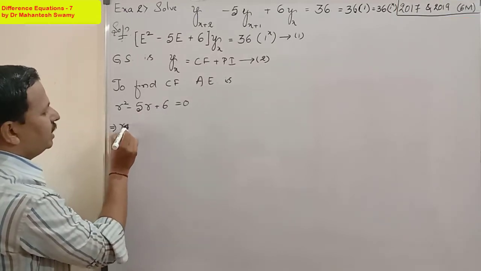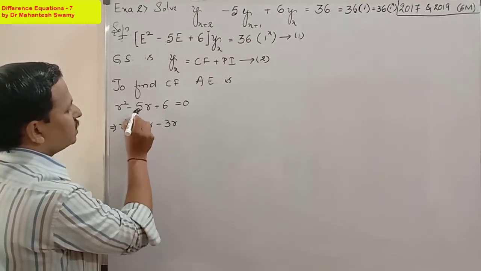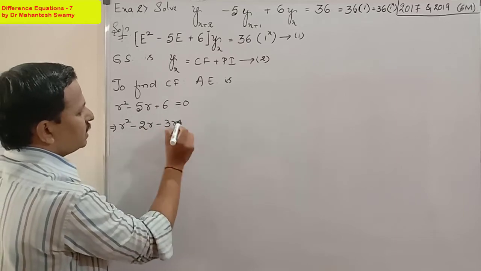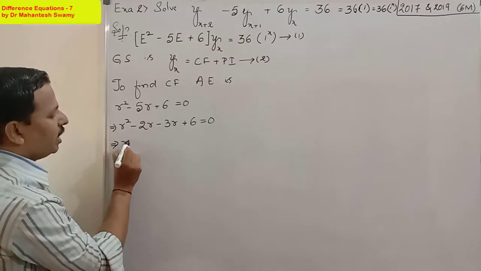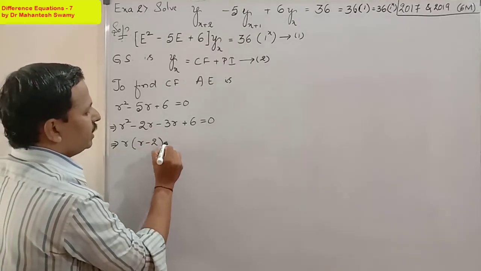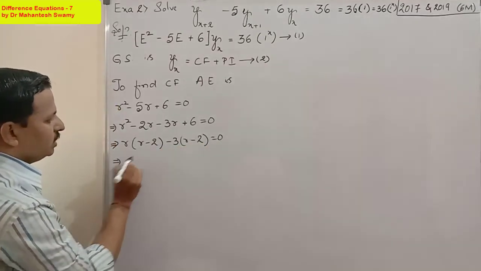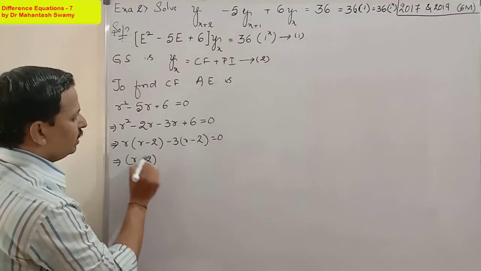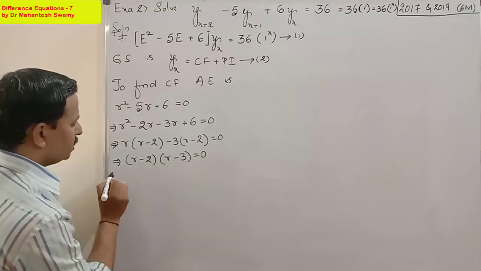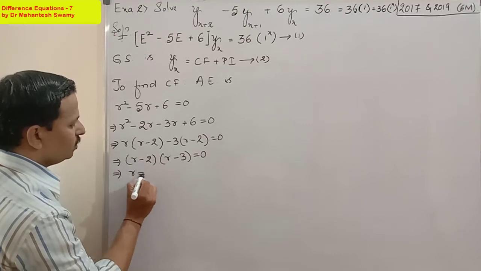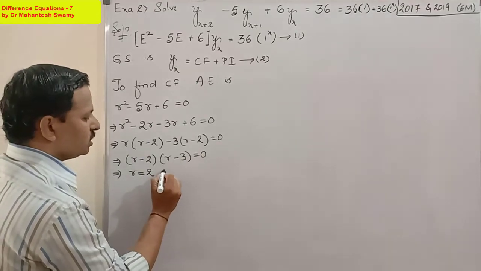Factorization can be done very easily: r square minus 2r minus 3r plus 6, since minus 2 minus 3 is minus 5 and minus 2 into minus 3 is plus 6. Taking r common here, r minus 2, and taking minus 3 common here, r minus 2 again, equals 0. Taking the common bracket r minus 2, here we have r, here we have minus 3, equal to 0. Equating each bracket to 0, r minus 2 equal to 0 gives r equal to 2, and r minus 3 equal to 0 gives r equal to 3.